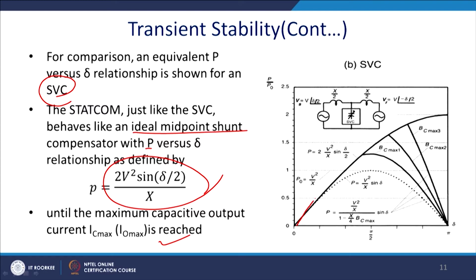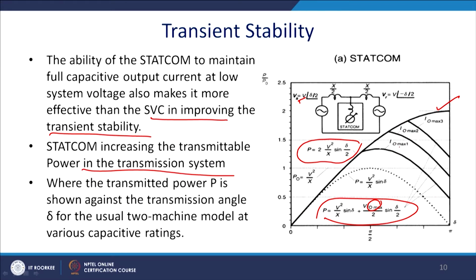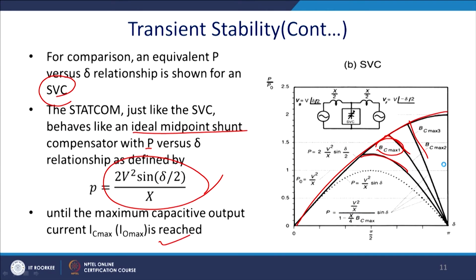So, this is the ideal shunt compensation at the midpoint, and ultimately the value of BC max, that admittance, will determine whether you follow this curve or this curve, and you can see that the drop is very steep. Just go back to this. So, it is quite smooth and here it is quite sharp.